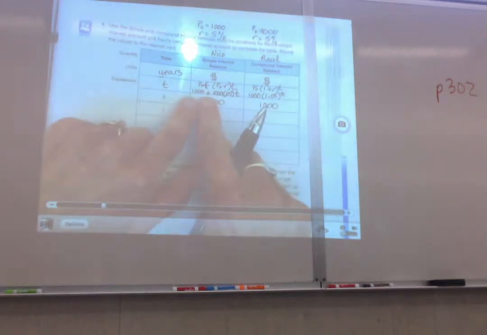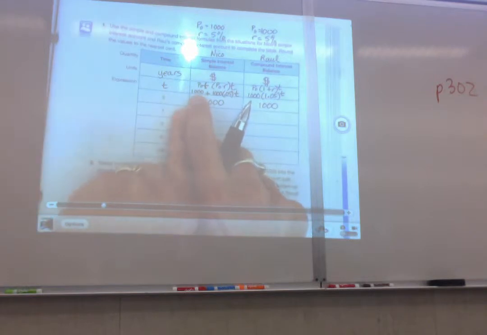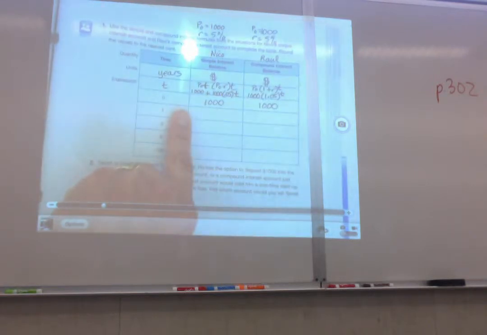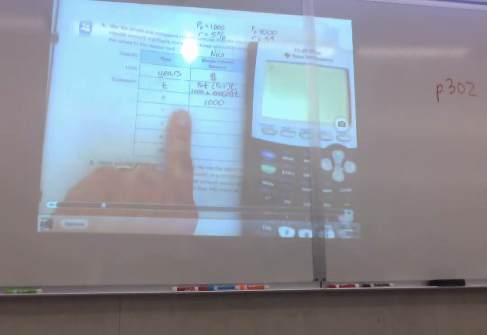Okay, after 1 year, we take Nico's formula and put a 1 in for T. Go ahead, get your calculators out. Clear, mode, clear, get them on. 1,000 plus 1,000 times 0.05 times 1.